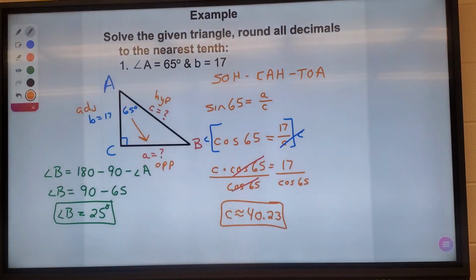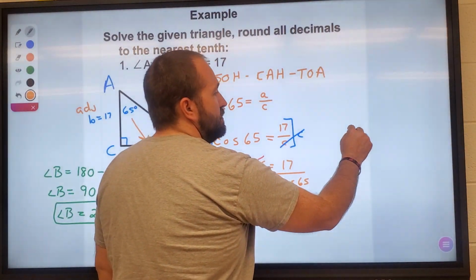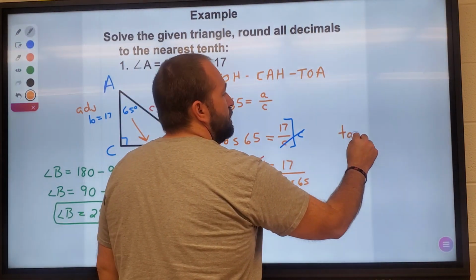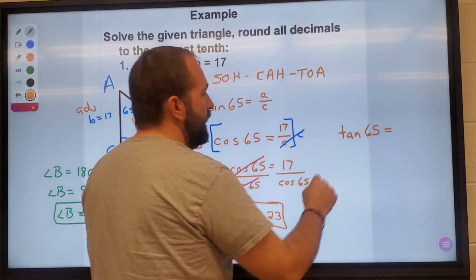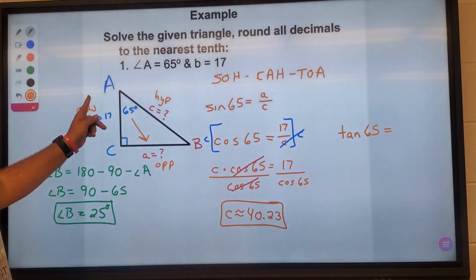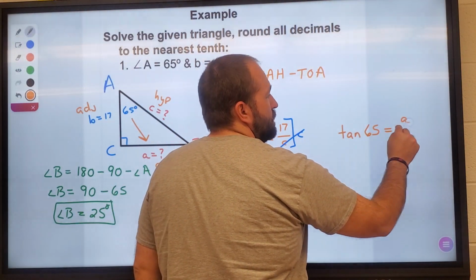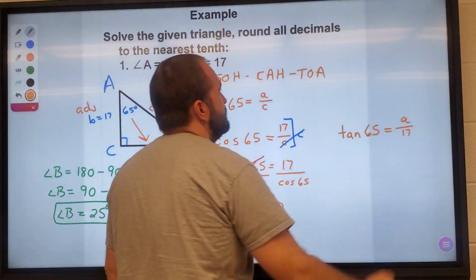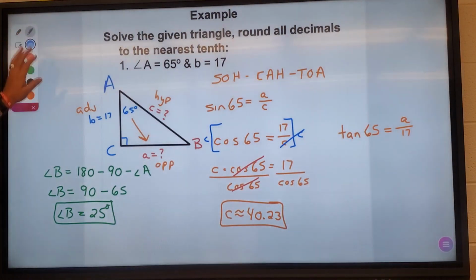From here then, again, I'm going to set up all three ratios. So I haven't set up tangent yet. So on the side here, I'm going to set up tangent. So tangent of, again, angle A, which is 65 degrees, is the opposite over the adjacent. So the opposite is side A over the adjacent, which was that 17 for side B. On this one, again, I'm going to do the same thing.